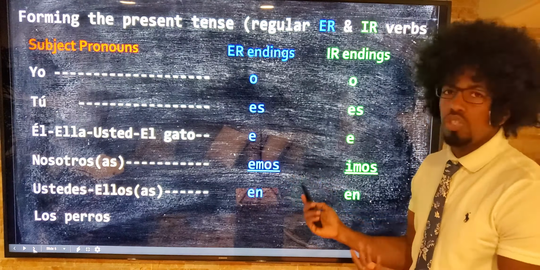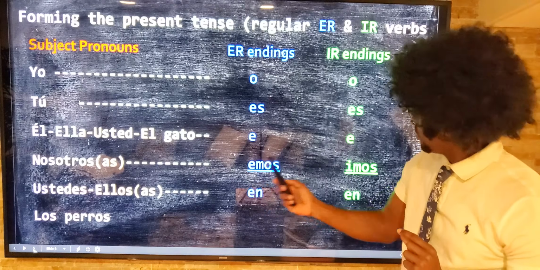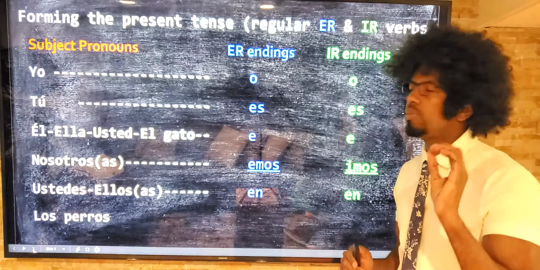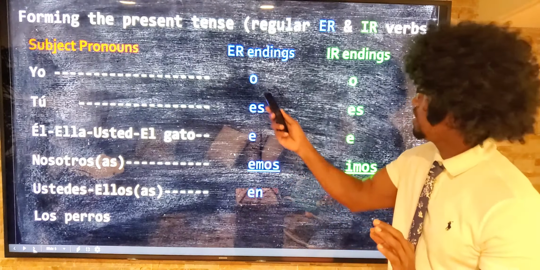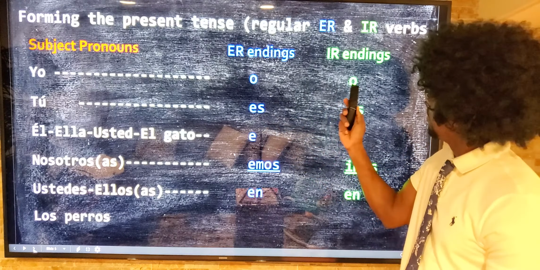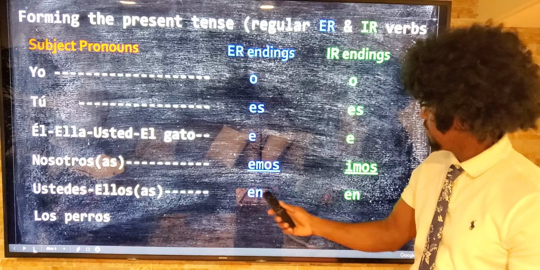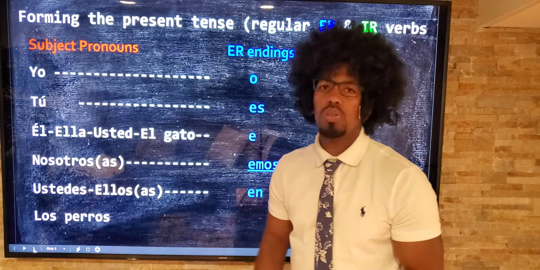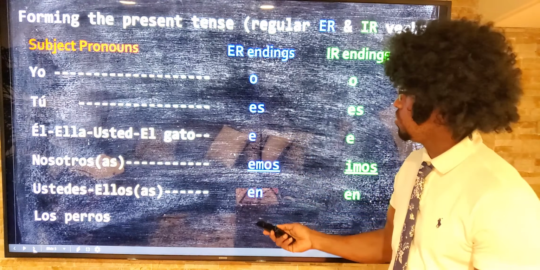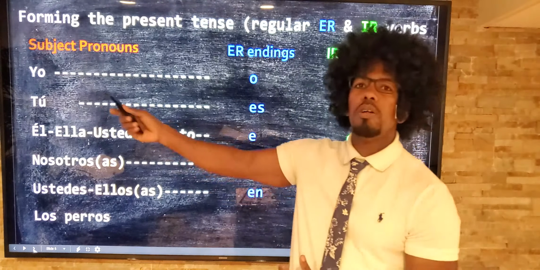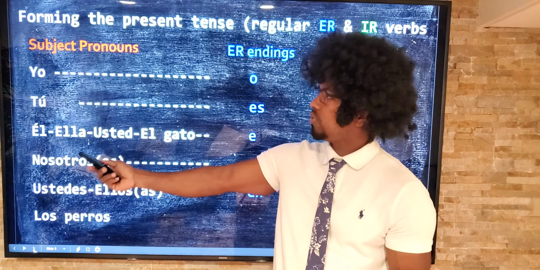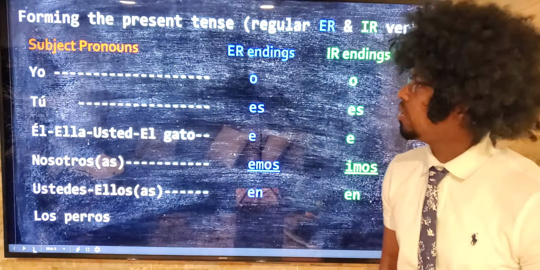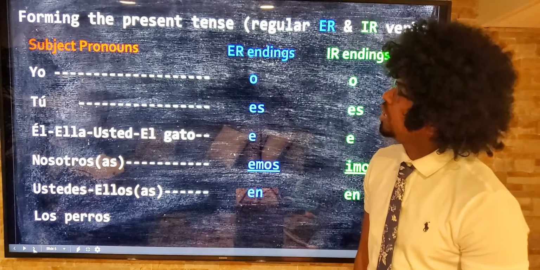It has a slight change, which is only one letter. So keep that in mind. But other than that, it's the same thing. Look, o, es, e, en. The only different one is emos and imos, and it's only when I use the nosotros. So remember again, these endings are going to change depending on the person doing the action, right? So let's see how they look conjugated.